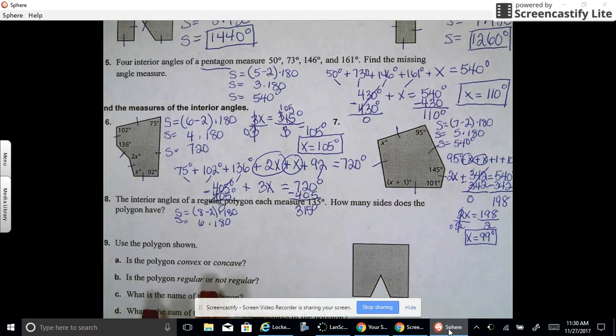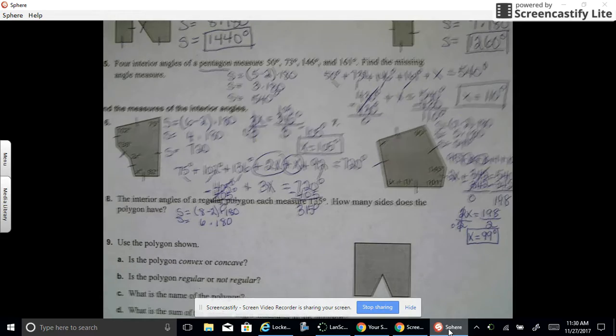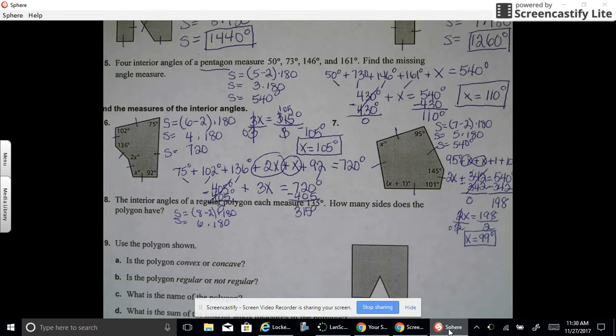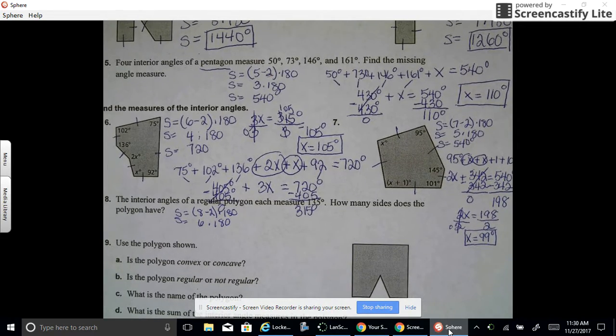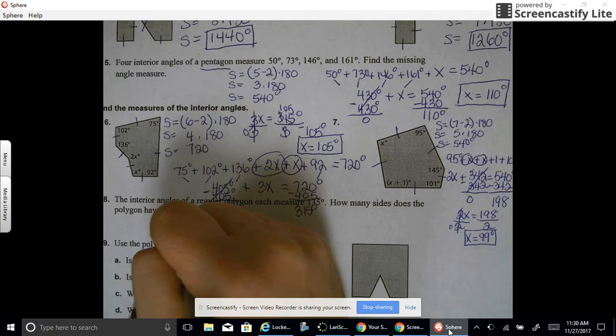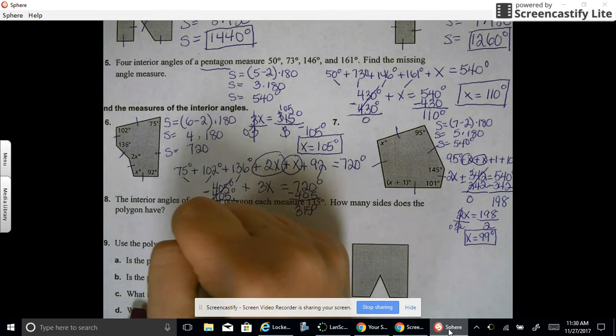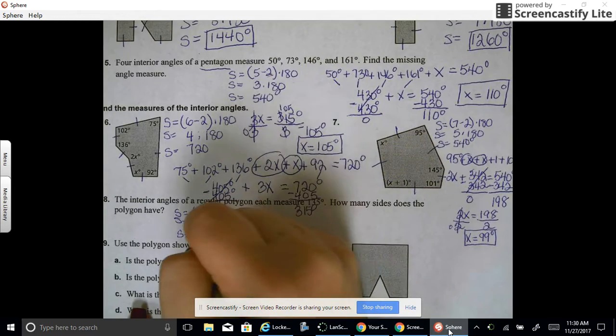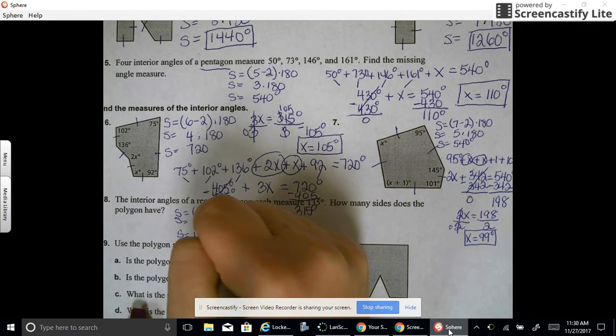Anybody want to tell me what 6 times 180 is? With their calculator, multiply 6 times 180. 1080. Are you sure? Yeah. Okay, everybody agrees it's 1080.